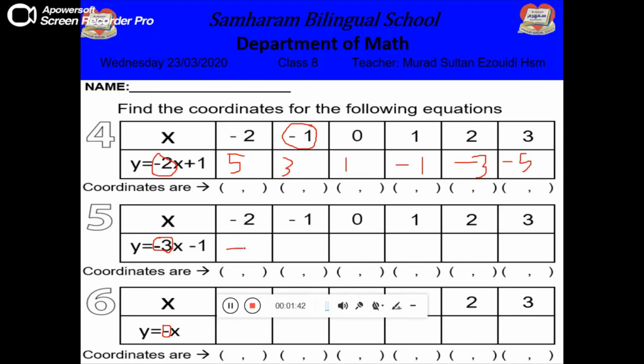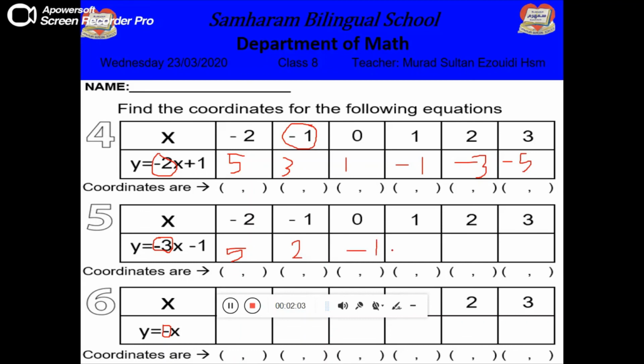The next example: negative 3 multiplied by negative 2 is 6, minus 1 is 5. Then negative 3 multiplied by negative 1 is 3, minus 1 is 2. Then this is negative 1.